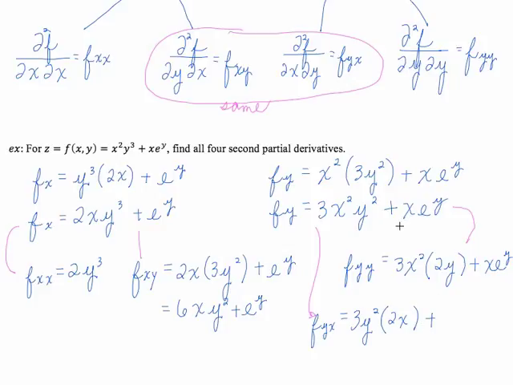And we're treating y as the constant, so e to the y is now like the coefficient of that x. So its derivative with respect to x is e to the y. And if you look at this, we do in fact get the same thing for fxy and fyx. Those are the same.